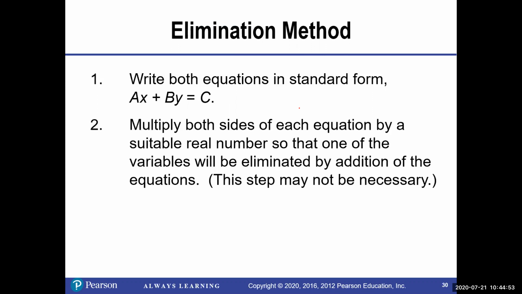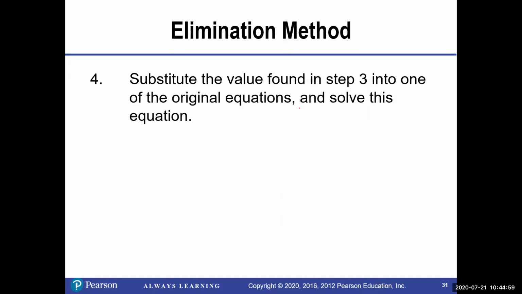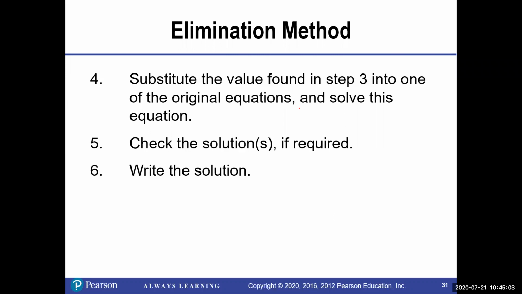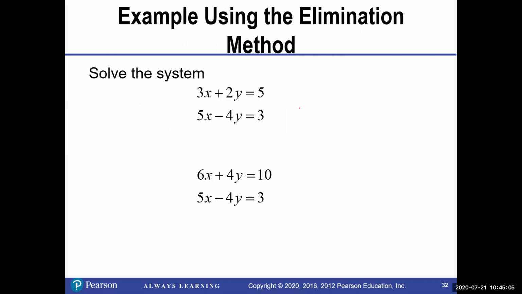Now the other method we want to look at is the elimination method. Just as the name implies, we want to take out, or eliminate, something. So what you do is make sure equation number 1 and equation number 2 have the same values for any of the given variables.